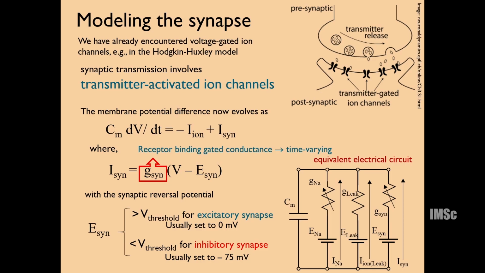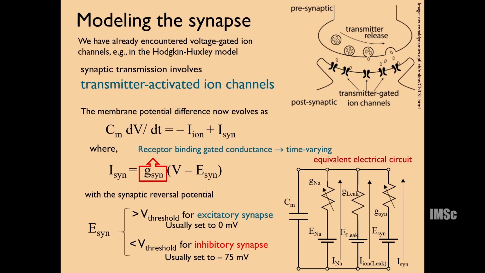Now, this looks simple enough. Where is the problem? The problem is this is not a constant. Just as Pranay showed that the sodium conductance and the potassium conductance have very complicated potential dependencies, G synaptic is also itself quite a complicated function. Now, what is the synaptic reversal potential?